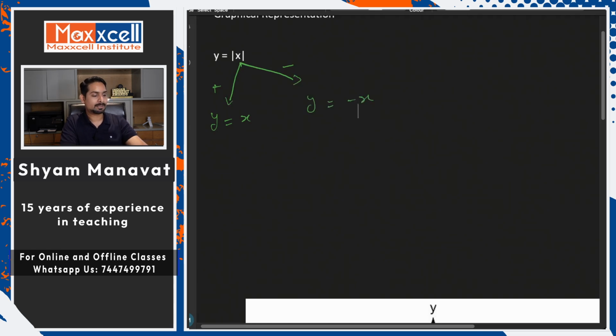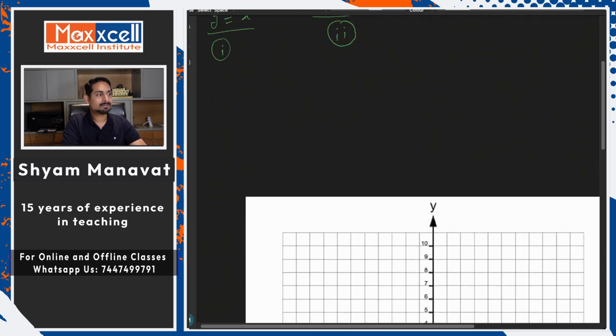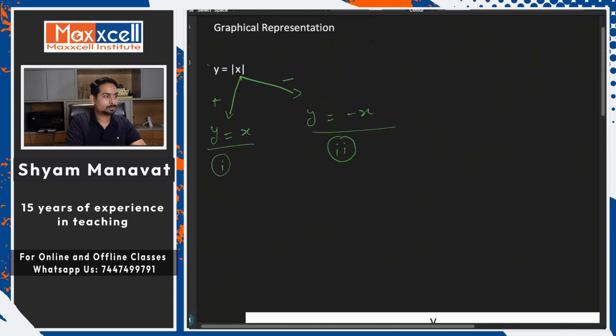So that's how I got two equations here. So first we will plot the graph of individual equation. Let's say this is equation number 1 and this is equation number 2 on the xy plane, and then we will understand how we conclude the graph only for y equal to mod of x.